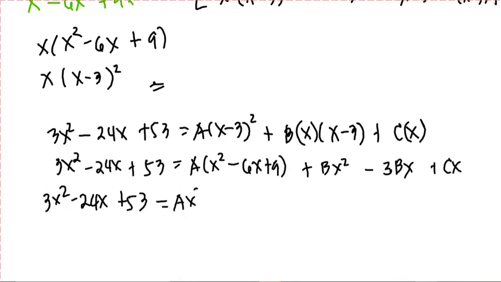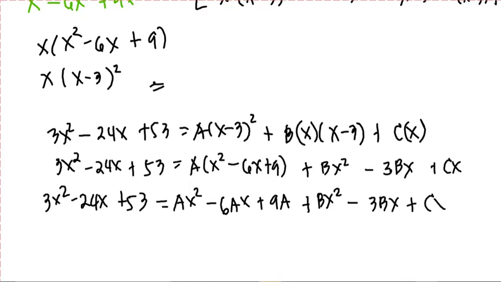We will have ax squared minus 6ax plus 9a plus bx squared minus 3bx plus cx. So, reviewing, 3x squared minus 24x plus 53 equals ax squared minus 6ax plus 9a plus bx squared minus 3bx plus cx.